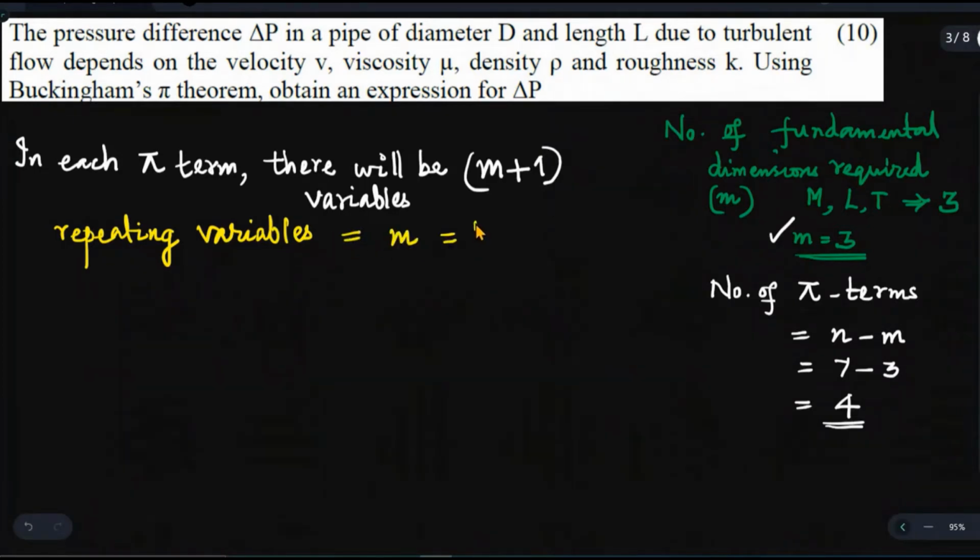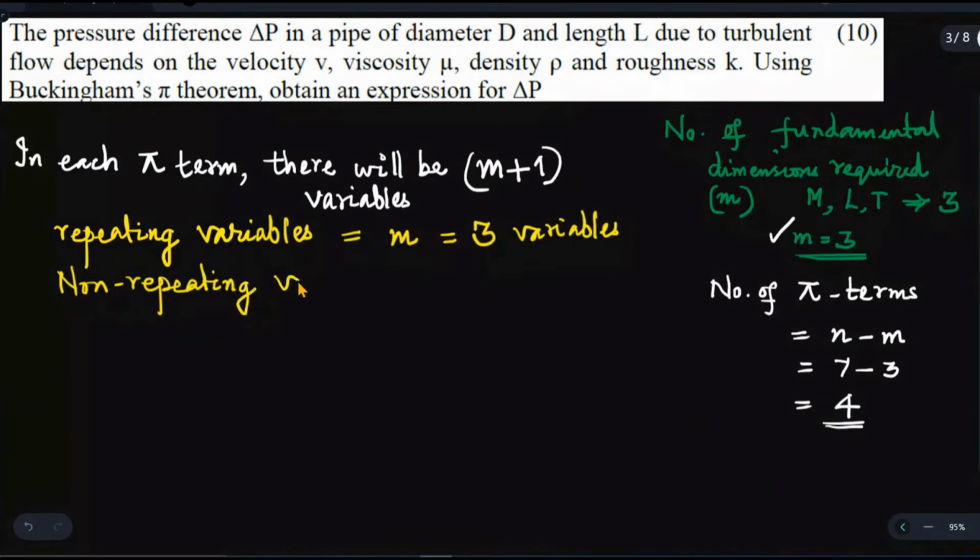So 3 variables will be repeating. Remember, 3 variables will be repeating. We have to choose them adequately, and the non-repeating variable in each pi term will be 1.